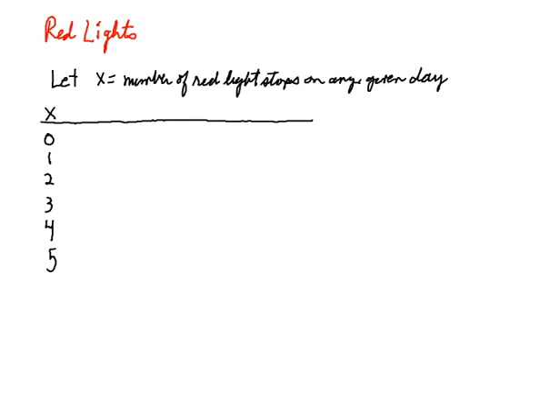Now, to set up a probability distribution, I need to show how the probabilities are distributed for these values of x. And I'm going to look at the data that she's collected. It turns out that on 10 days out of the 200, she stopped 0 times.